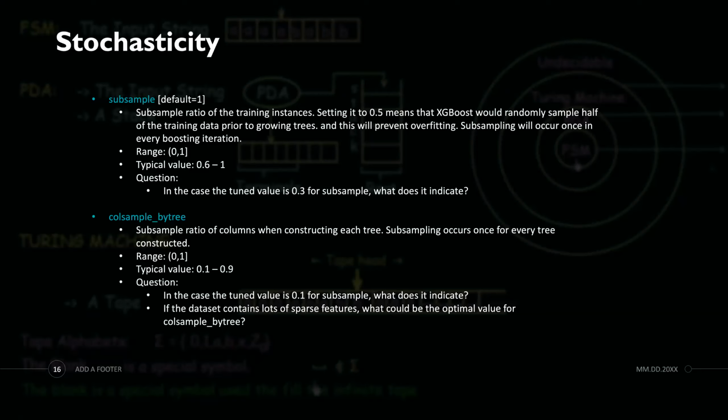What's the indication, and what do we need to do next? Can anyone share your thoughts?